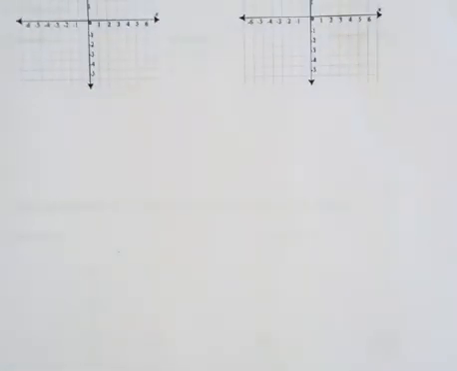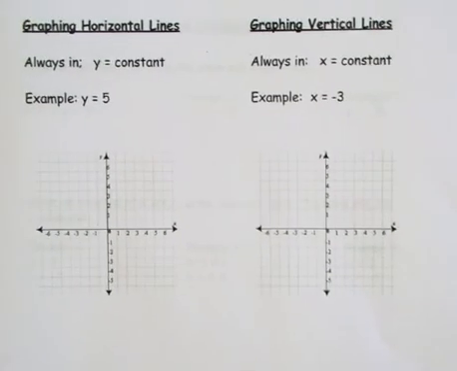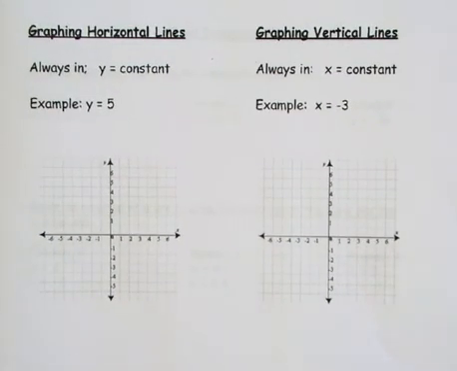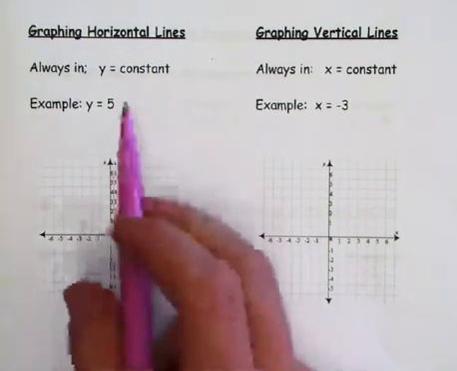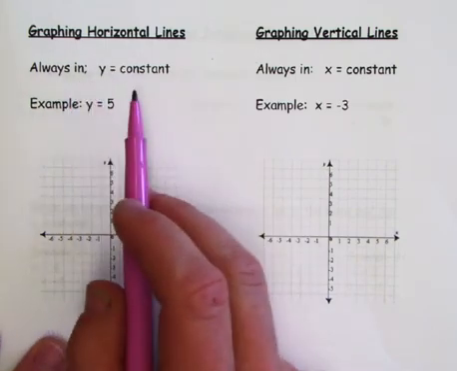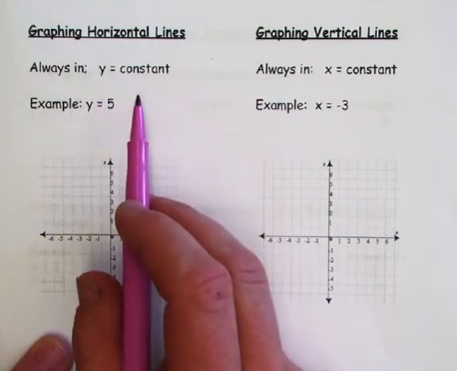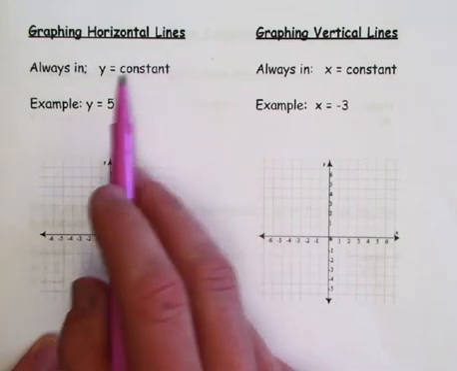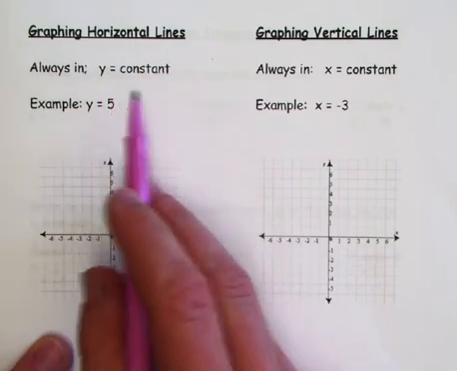So let's look at what happens if we have to graph horizontal or vertical lines. In the case of graphing a horizontal line, the y is constant. Think about it. Horizontal means there's 0 slope. The slope equals 0, so m is 0.